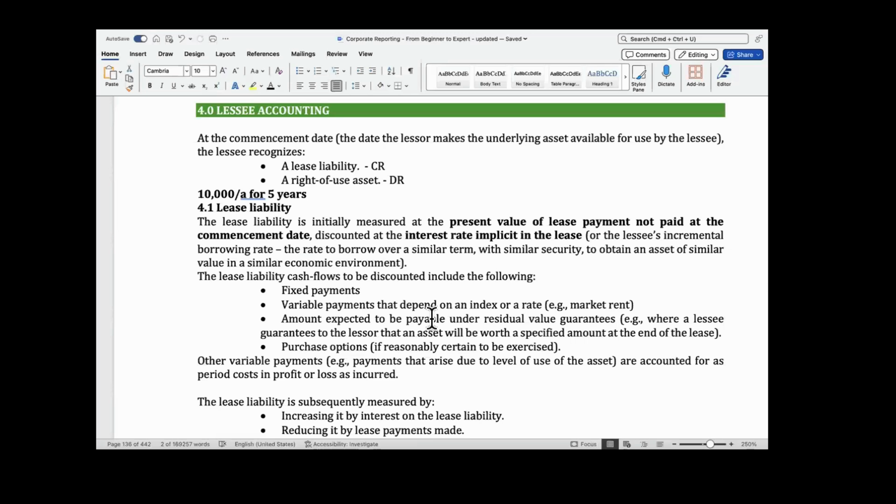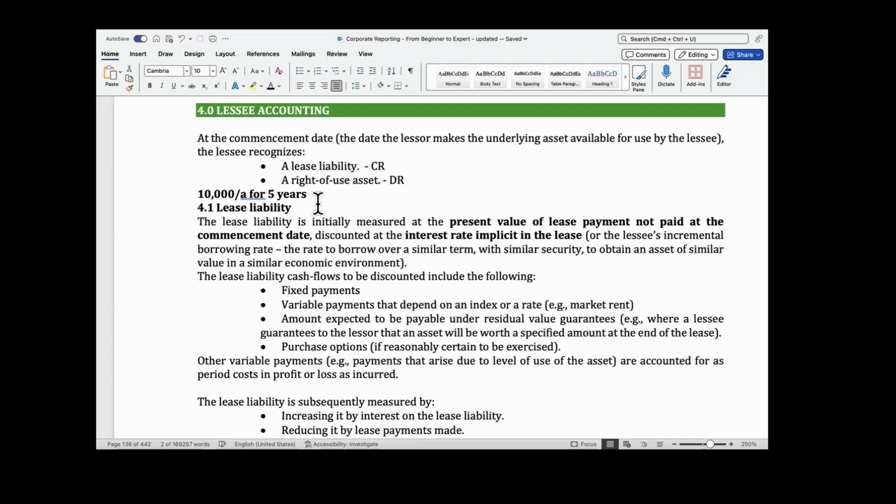So we need to look at lessee accounting as well as the lessor accounting. So let's start with how the lessee accounts for the lease arrangements.